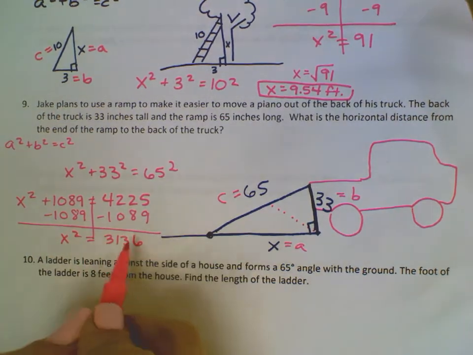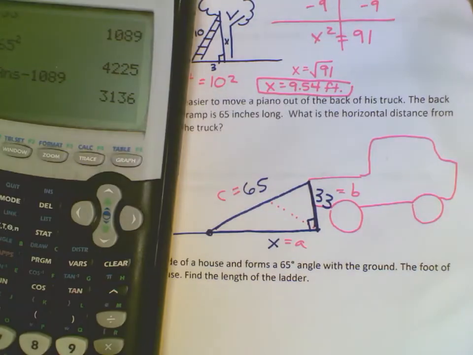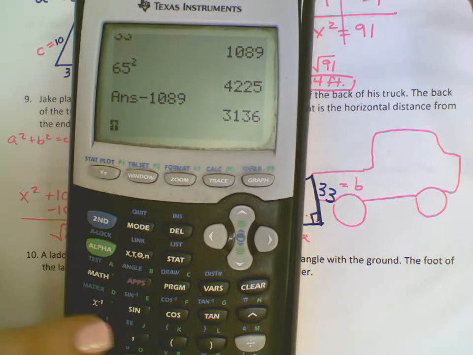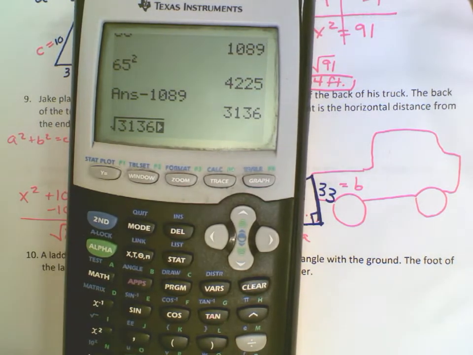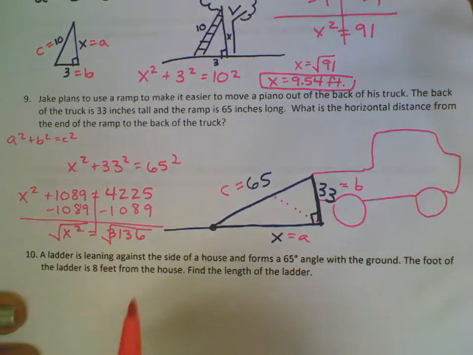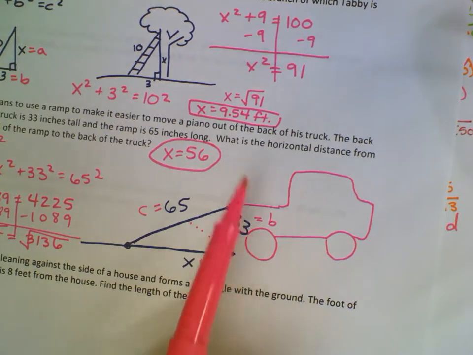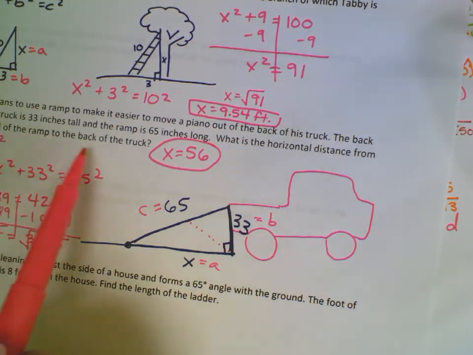I need to take the square root of both sides. So if I take the square root of 3136, I get a perfect number of 56. So x equals 56. What does x represent again? It represents the horizontal distance from the end of the ramp to the back of the truck.